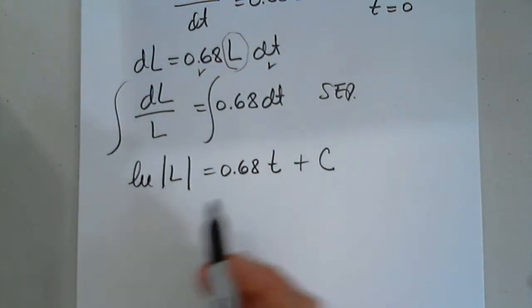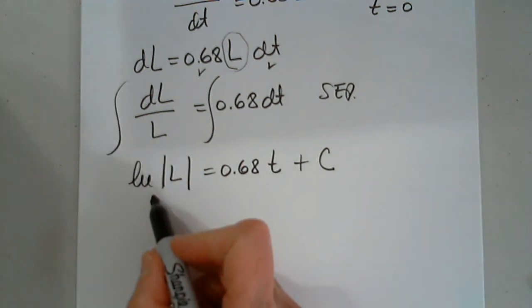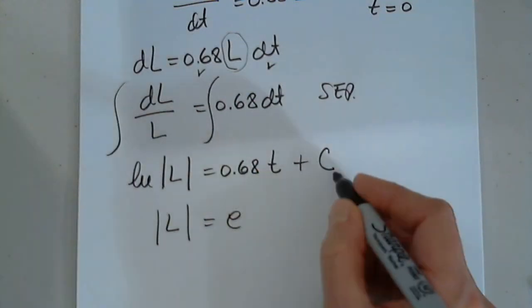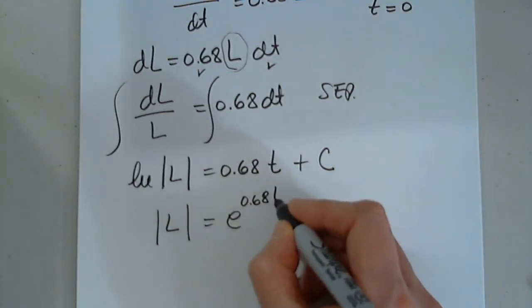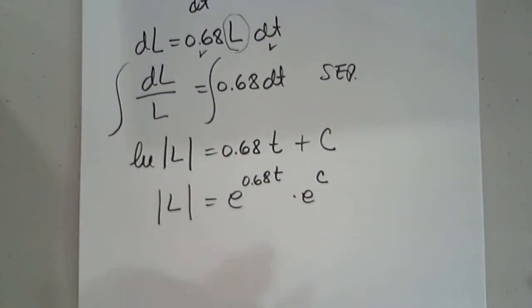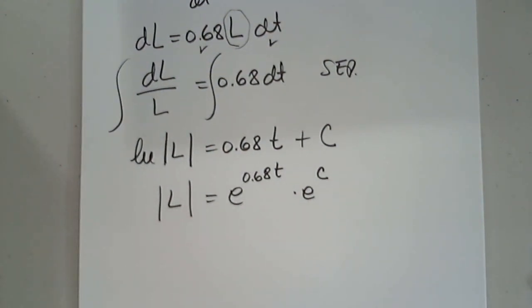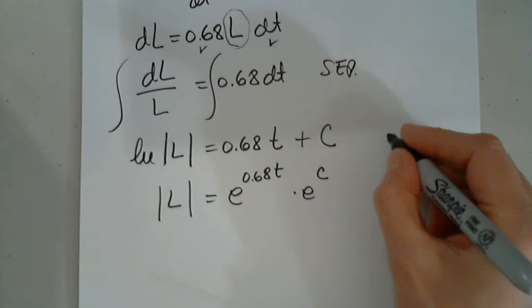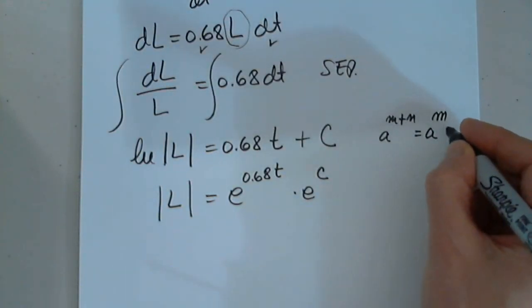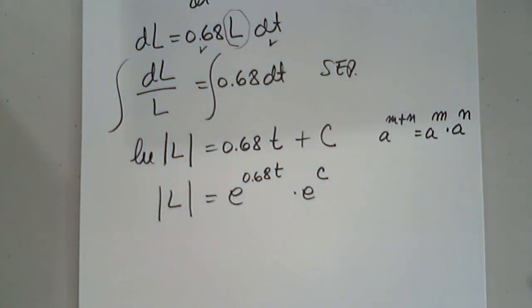Okay, these are never really very friendly. So e raised to this, the absolute value of L, equals e raised to all this, 0.68 t, and I'm going to write times e to c, using that property that we used before. What property? One more time. A to m plus n equals a to m times a to n.